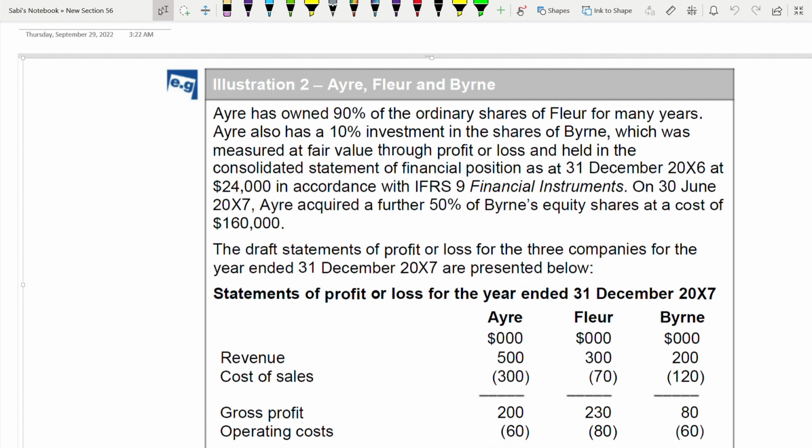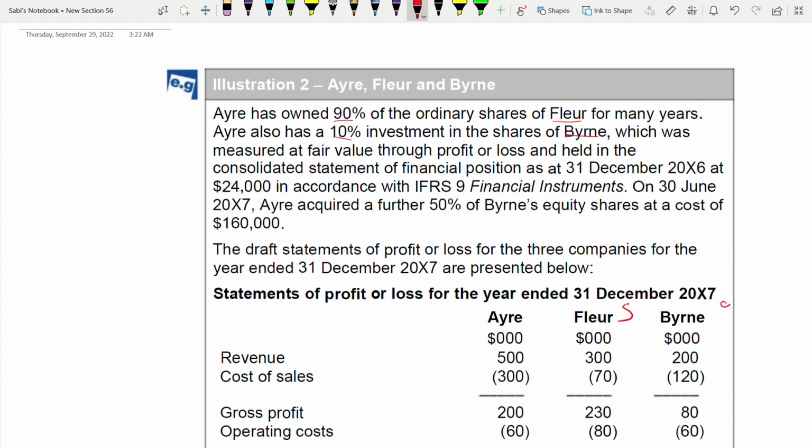Illustration 2. Here you have been given three companies, A, Fleur and Biner. Let's see which one is a subsidiary, which one is an associate or a financial instrument. Okay, A has owned 90% of Fleur, so this is a subsidiary. A also has a 10% investment in Biner. So 10% is an IFRS 9 financial instrument because it's less than 20%, which is measured at fair value through profit and loss.